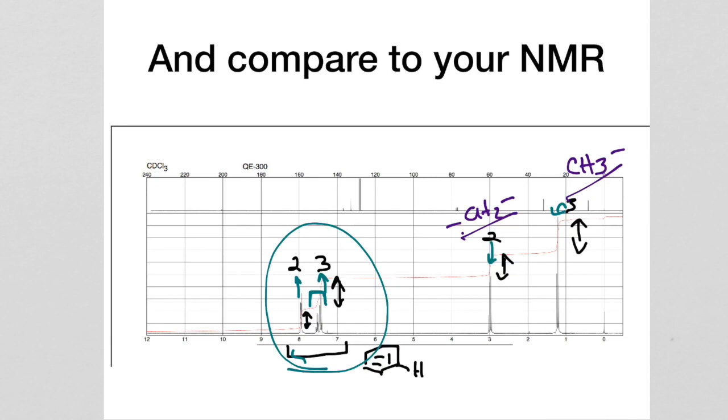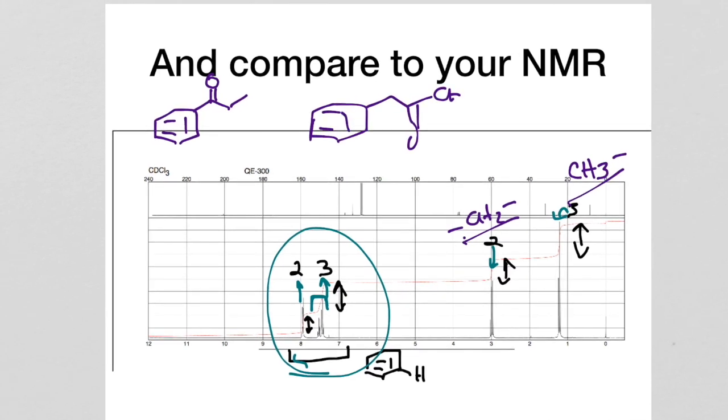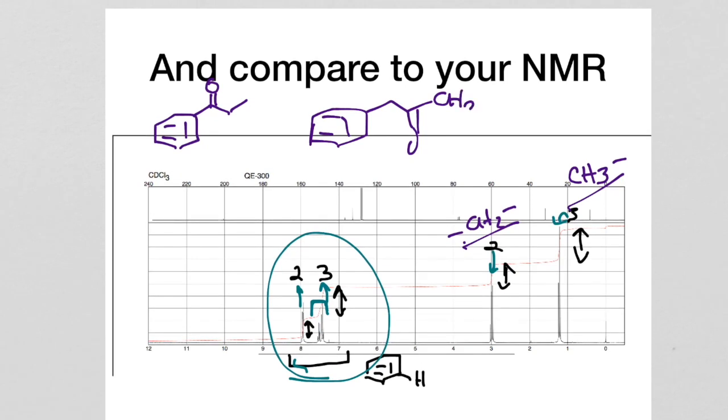Now we'll go back to our NMR again, and I'm going to draw both of these molecules out so we can look at them and see what we think we're looking at here. We can look at this 2 ways. I'm going to look at this structure first, and I'm going to say this CH2 group I know is next to a CH3.